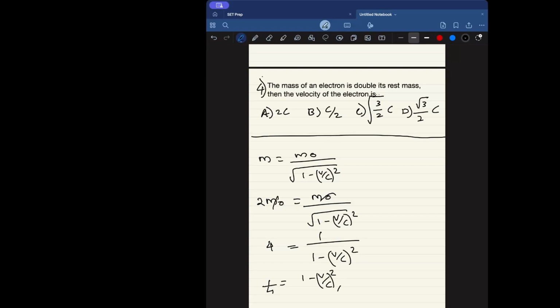Again, this will give you 3 by 4 equal to (v/c) square, or v by c equal to root 3 by 4. This implies v equal to root 3 by 2 c. So the answer is the fourth one, D.